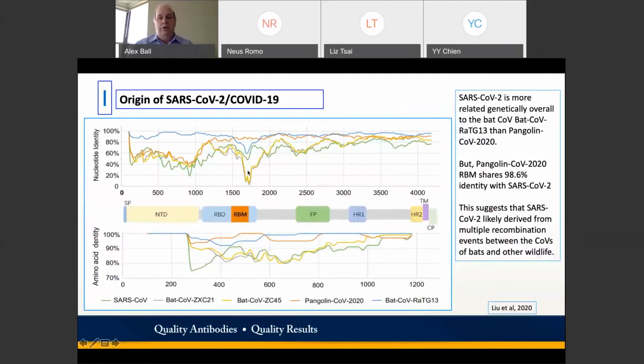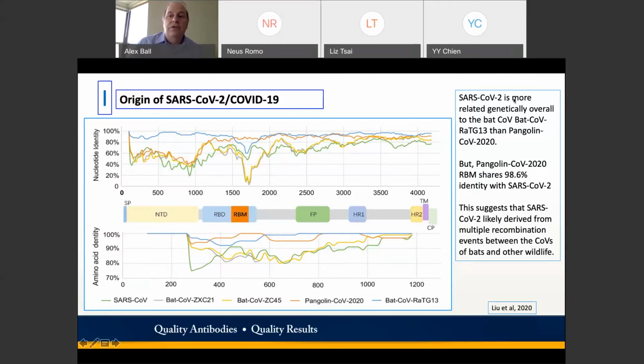If you now look at the spike protein, what you'll see again is the greatest similarity overall is with the blue, which is the bat sequence. But then if you look at this region, which corresponds to the receptor binding motif, the region that actually makes contact with the human cell receptor, you'll notice the greatest similarity here is with the pangolin sequence in orange.